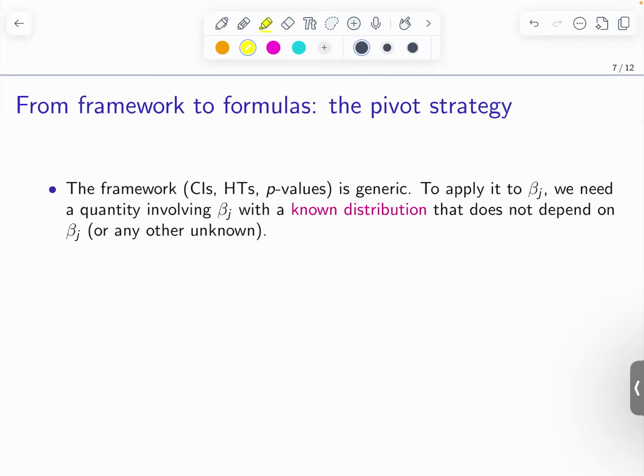So this was abstract, and now I want to apply it to beta j. We need a way to build those test statistics, and the way we do it is that we're going to look for a quantity that involves beta j whose distribution is known and does not involve beta j or other unknown parameters.